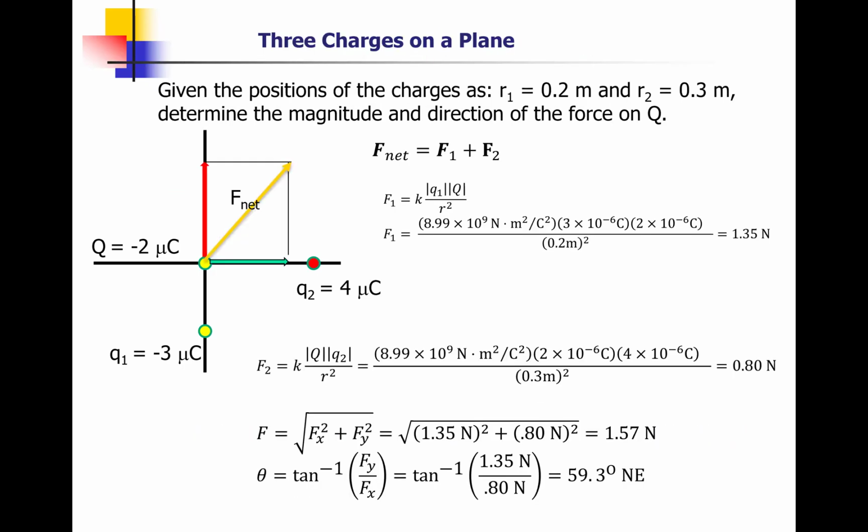Here we have the solution: you calculate this angle, you calculate F1, you calculate F2, and then use the Pythagorean theorem. Here you get the total force, and you get the angle. So we did this example in our lecture, so we are not going to spend a lot of time on it.